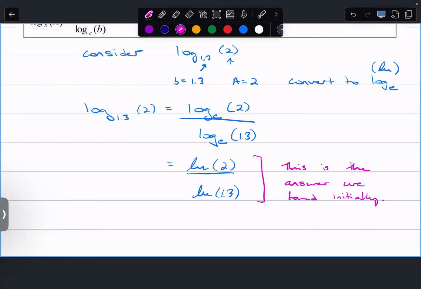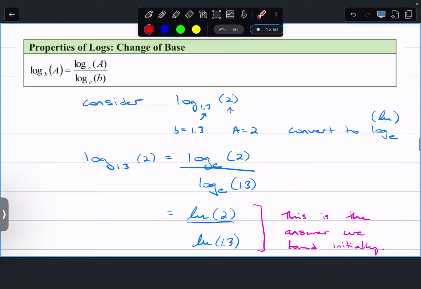Of course, as long as you have the same log base here, you can zip it up into one tidy log if you wanted to. It would be log base 1.3 of 2. And so we can work the change of base formula in either direction.